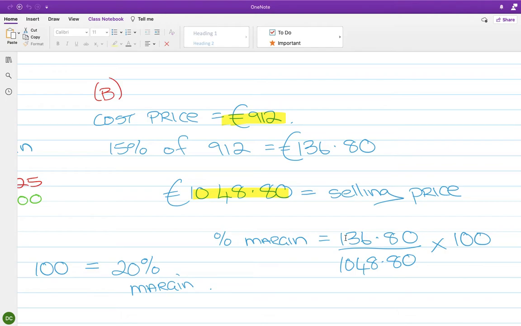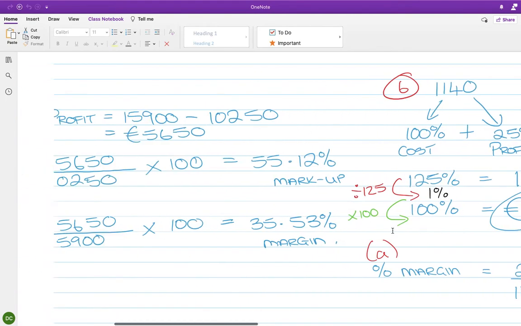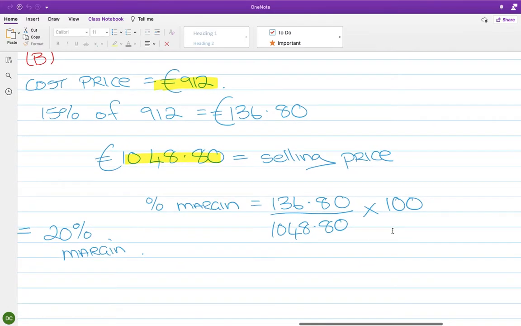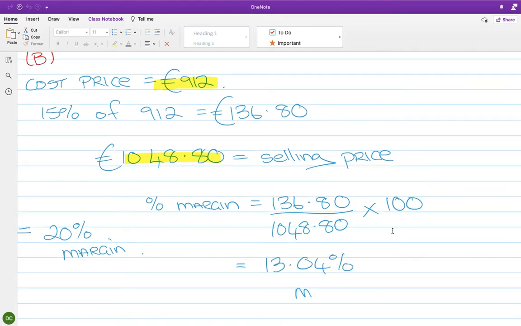And then multiply it by 100. It doesn't say anything about decimal places, so 13.04% would be the new margin, is what I have.